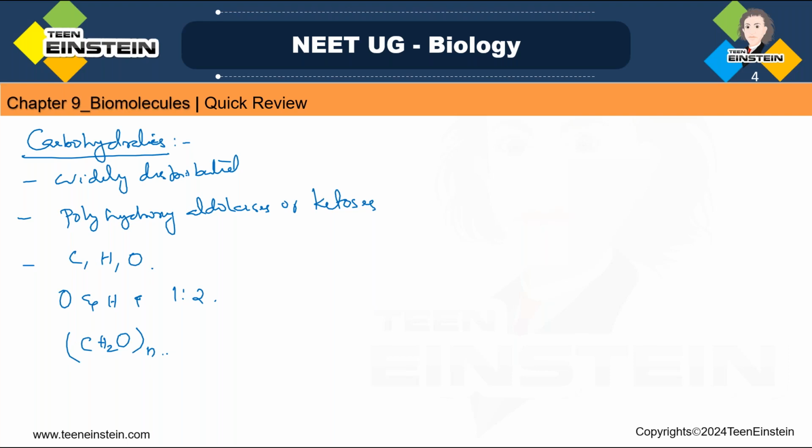On the basis of the products of hydrolysis, these carbohydrates are divided into three major groups: monosaccharide, oligosaccharide, and polysaccharide. Which are the three groups?